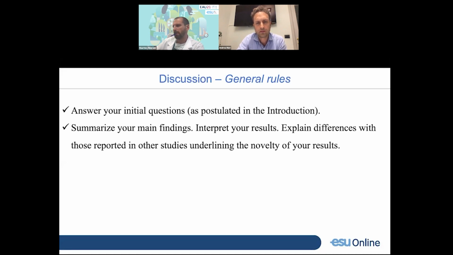That means that if we have 3 very important points, you have to repeat the period 2 or 3 times, and in each period you start to summarize the main point, you interpret these results, and then you can explain the difference. Place your finding into the field.